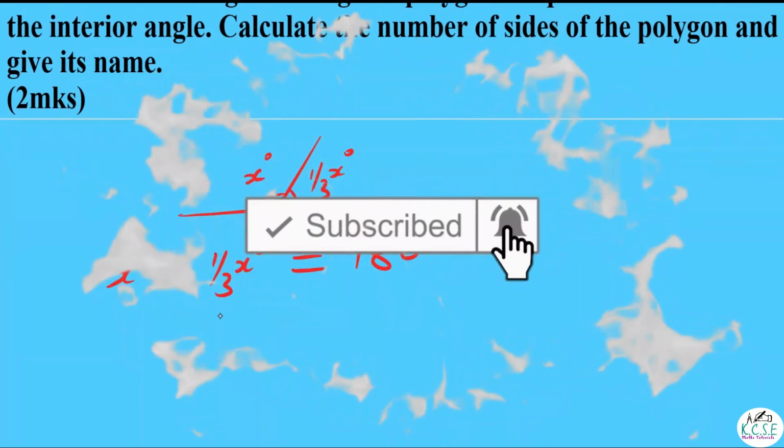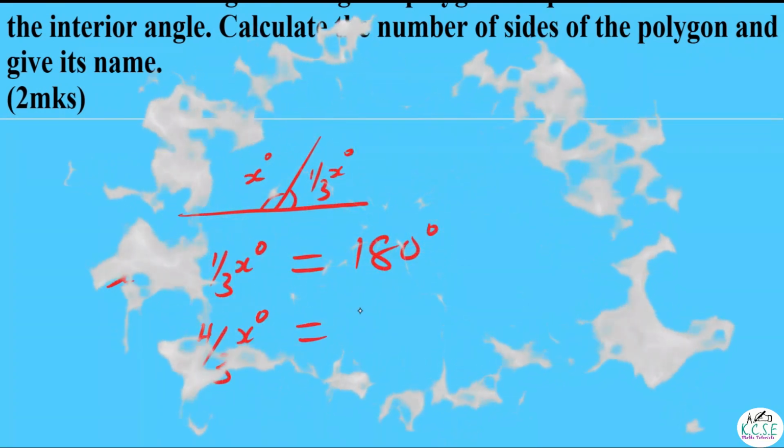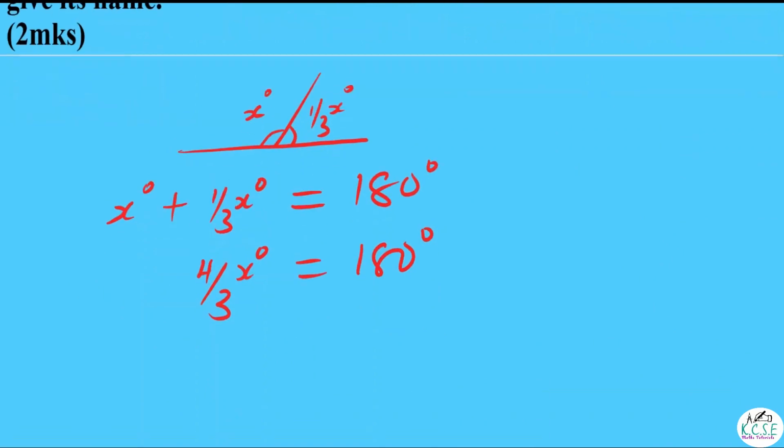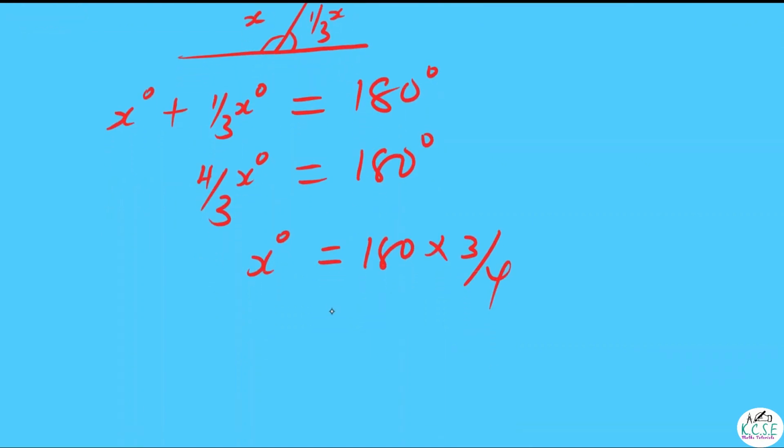x plus a third x will give 4/3 x degrees, which equals 180 degrees. Therefore, x will be obtained by 3 divided by 4 times 180, which will give 135 degrees.